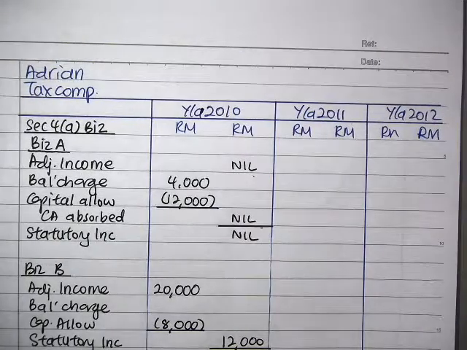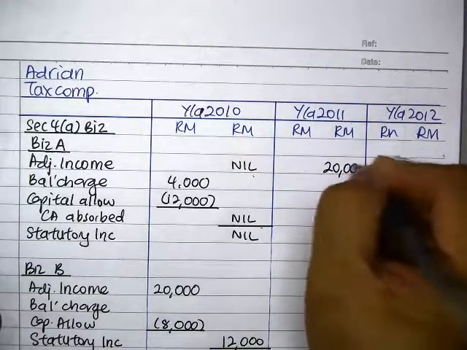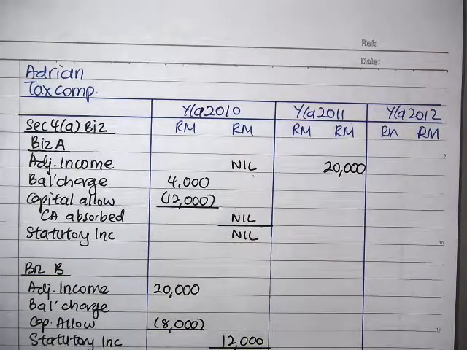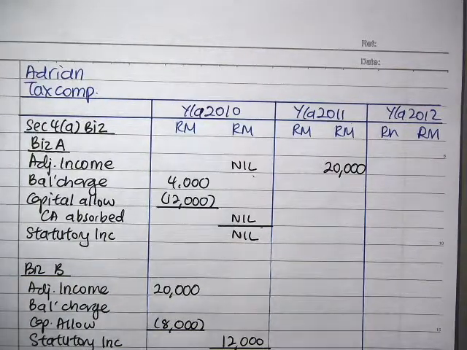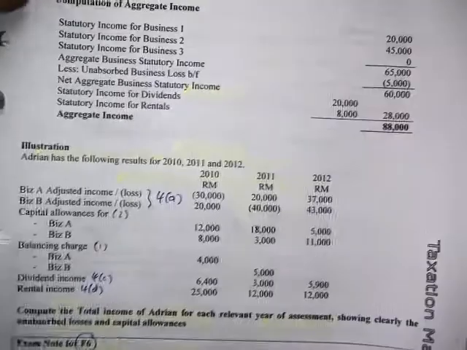And in 2011, we've been told that adjusted income for business A is 20,000. And you've also been told that in 2011, now there's no balancing charge, but there is CA. The CA for 2011 is 18,000.